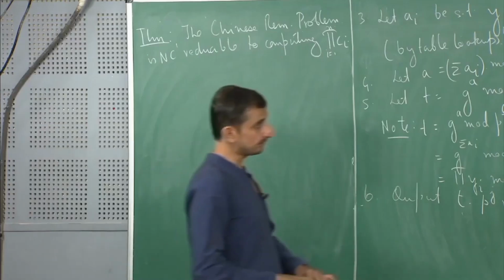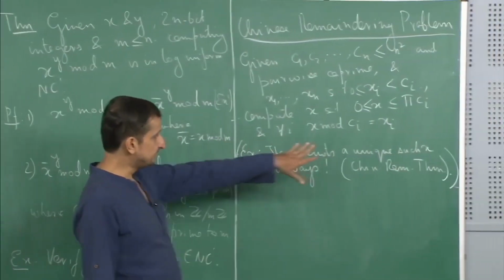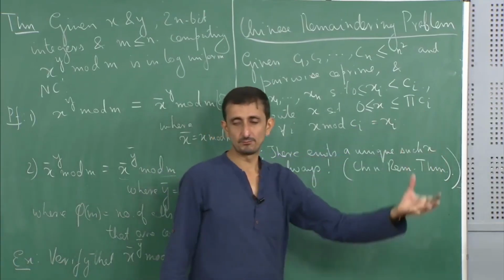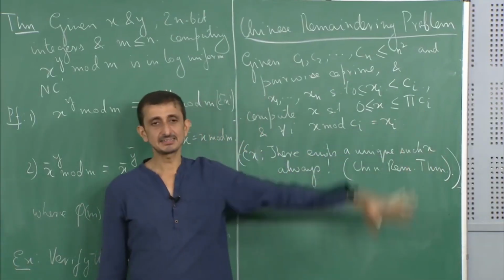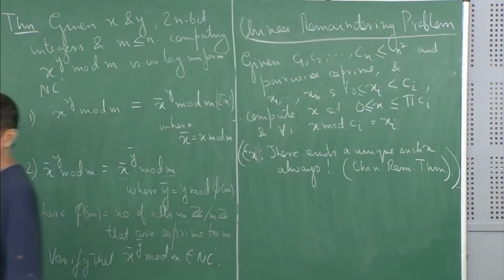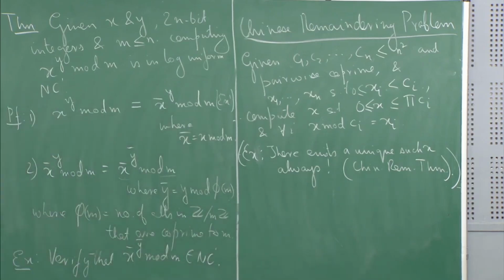So basically, if someone gives me this product as an oracle, if someone tells me what this product is, the rest I can do in NC1. Okay, that is basically given all these xi's and all these ci's, I can output an x such that x mod ci is equal to xi.